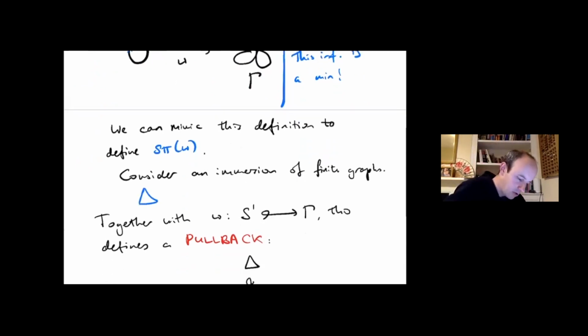So I'm going to consider an immersion of finite graphs. And again, the target graph here, gamma, is the graph whose fundamental group is my free group, F_R. But now I'm just going to consider finite graphs mapping to it.